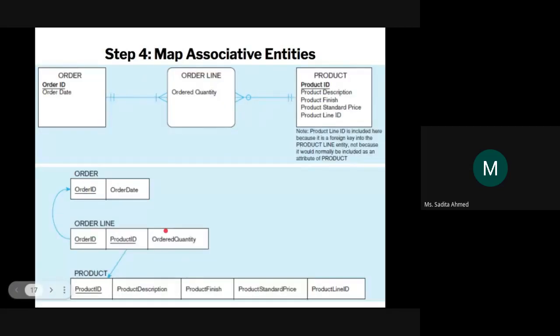And if the associative entity didn't have a primary key to begin with, we make the primary keys of those entities the primary key of the new relation. We combine those primary keys to make up the primary key of the new relation.